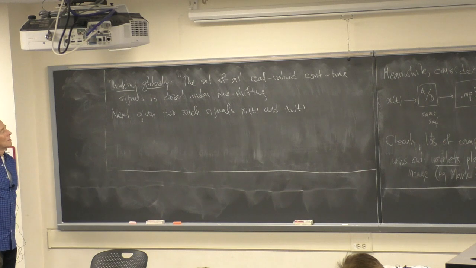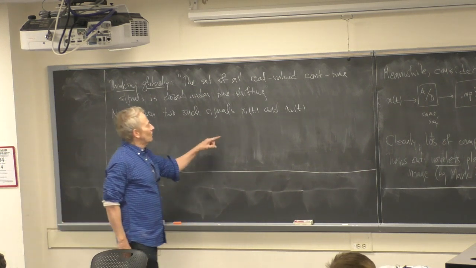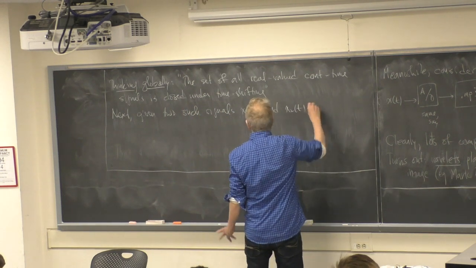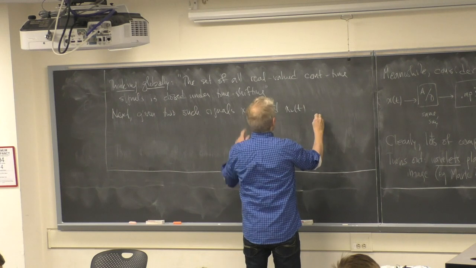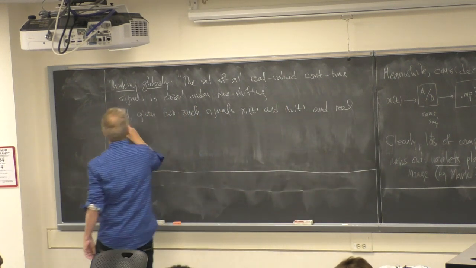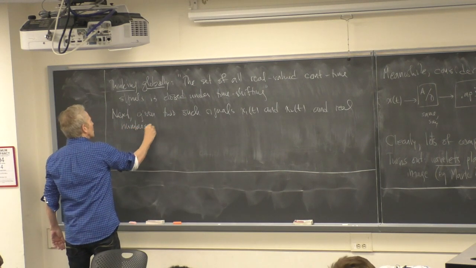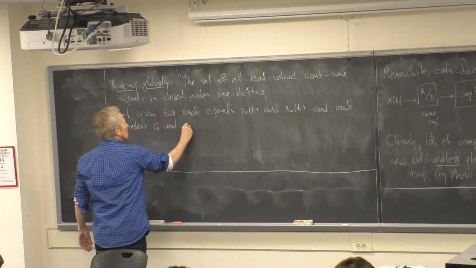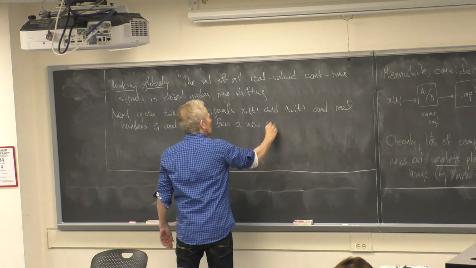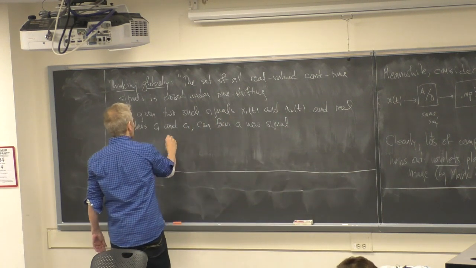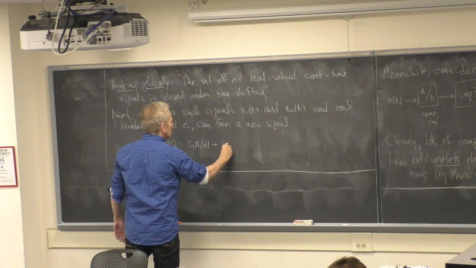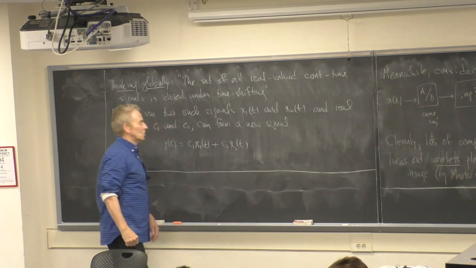But one thing you can definitely do, and this is a generalization of adding together, is taking linear combos of them. So if you're given two such signals, x1 of t and x2 of t, and real numbers C1 and C2, we can form a new signal, y of t, by, for each t, taking C1 x1 of t plus C2 x2 of t and adding them together to get the value of y of t.